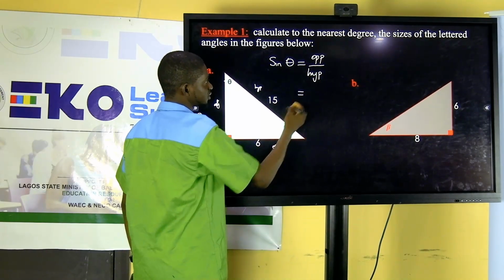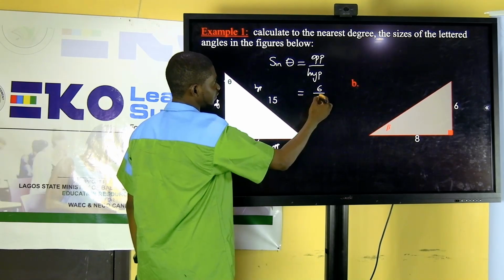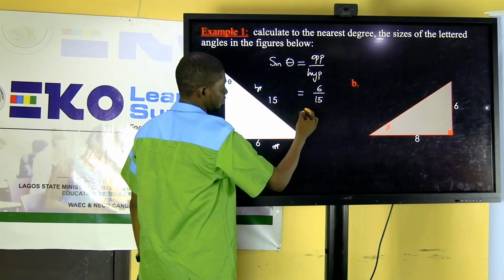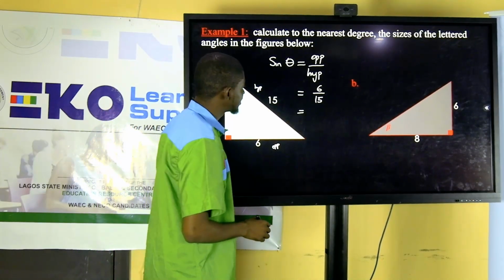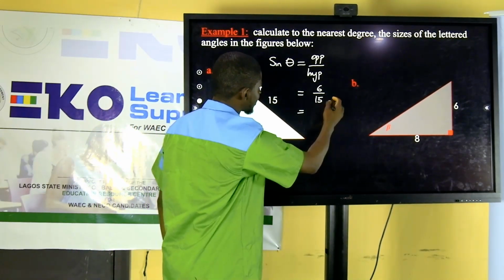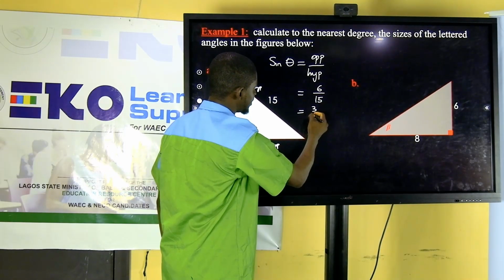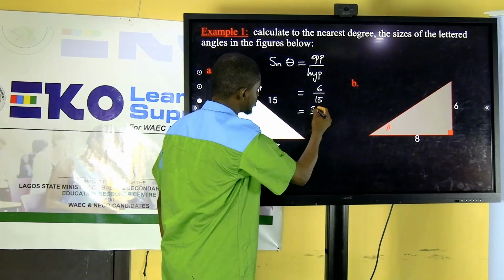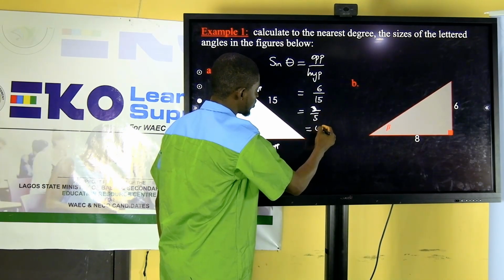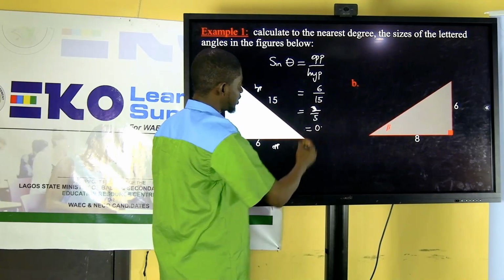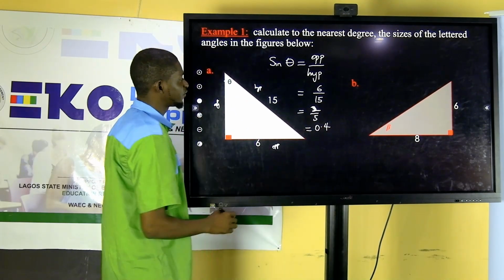And the opposite is 6 divided by 15. Maybe you can further express this as 2 divided by 5. So we have 0.4. So sine theta equals 0.4.